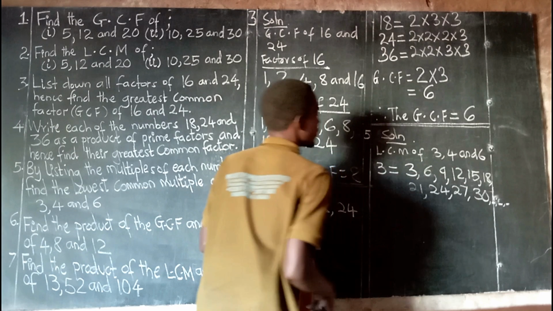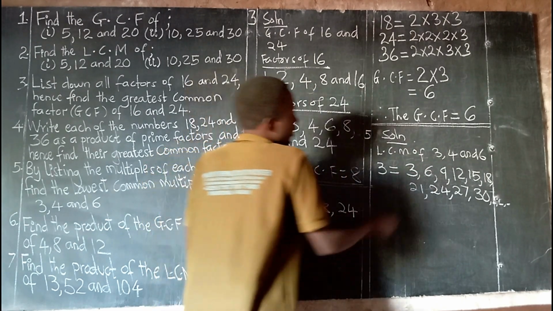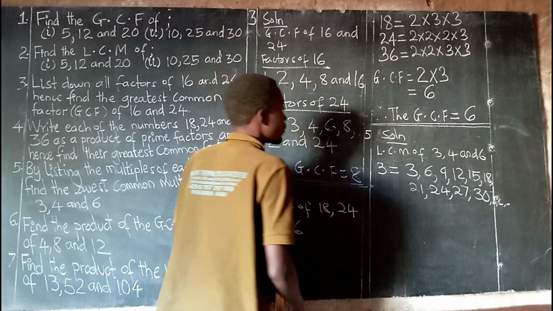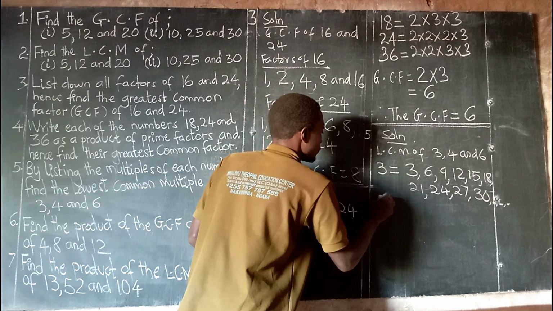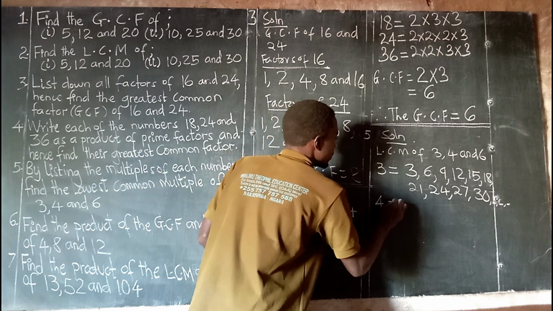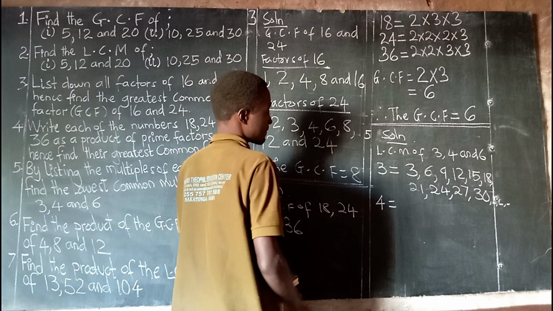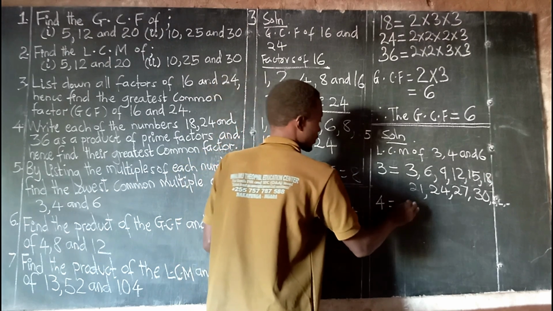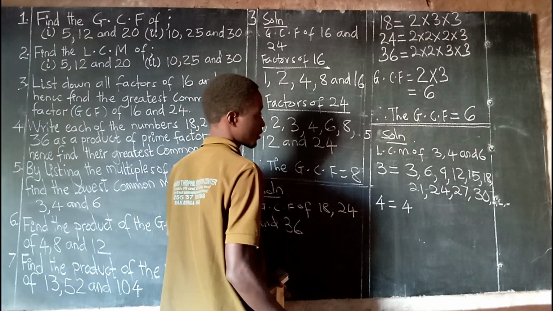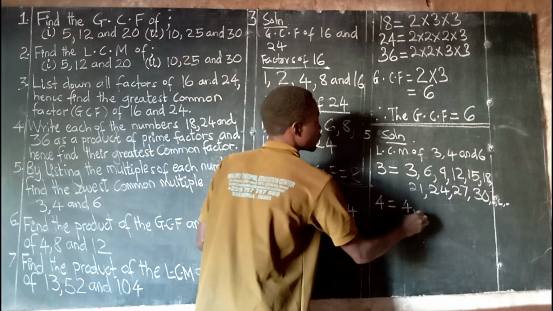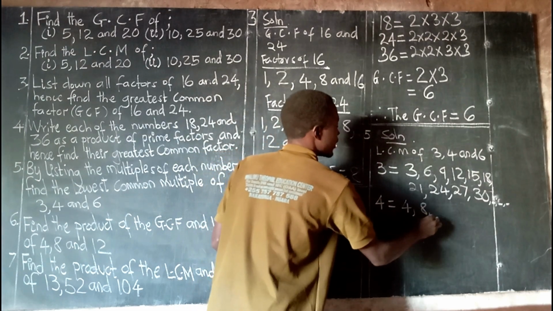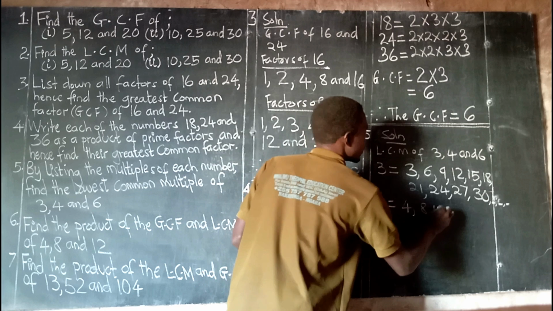So here we have 4. The multiples of 4, it means that you have to start with the 4. After starting with the 4, the next one is 4 times 2, we get 8. 4 times 3, we get 12.